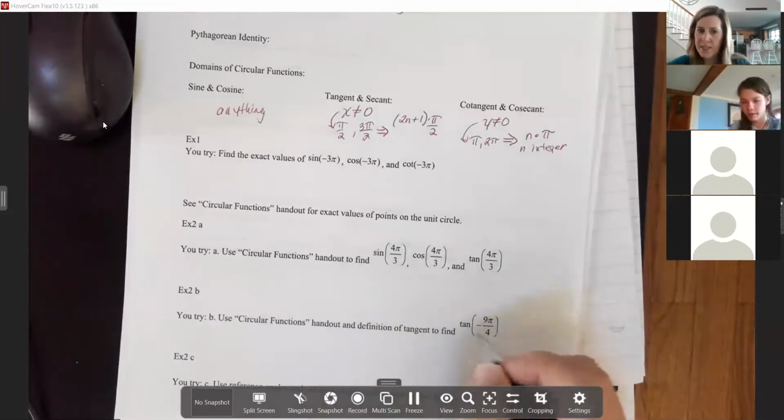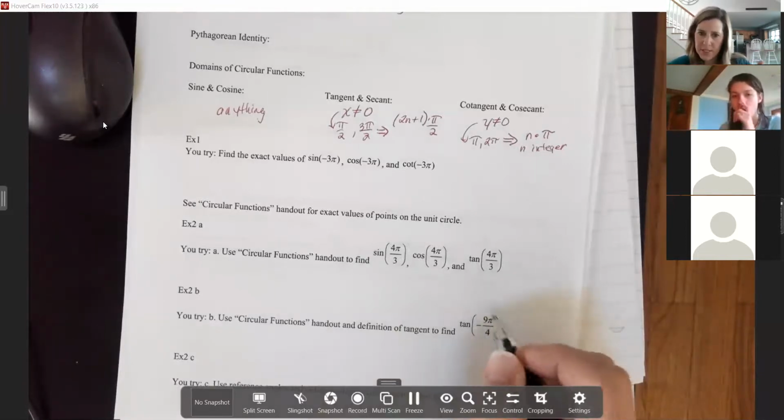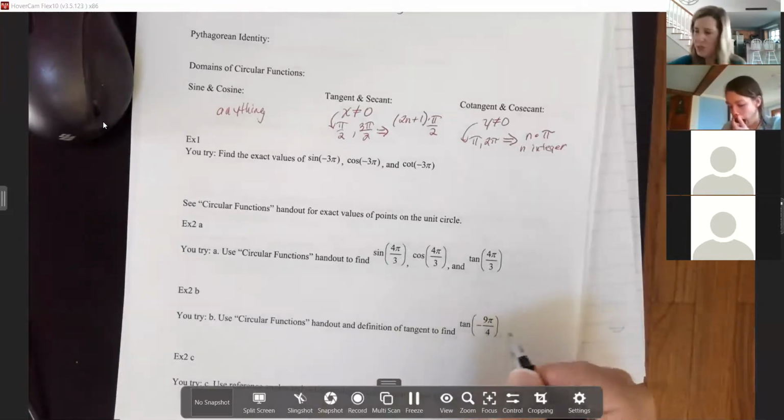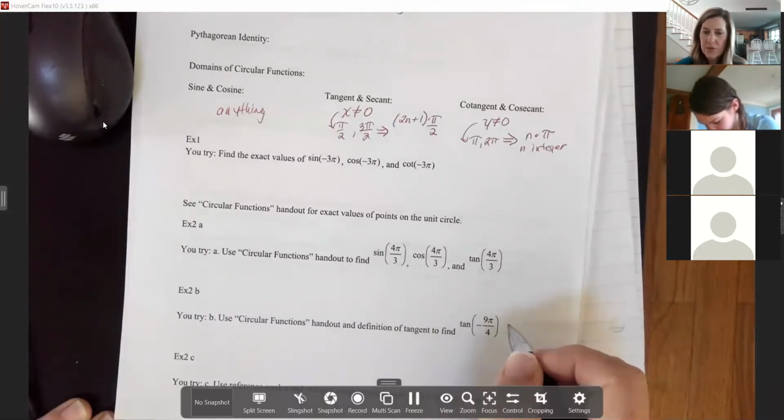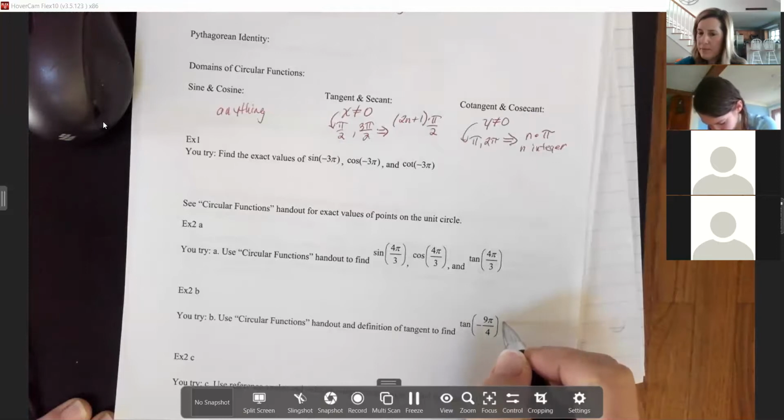So if we wanted this between 0 and 360, instead of adding 360, what could you add? Anyone? What's the same as 360 in radians? 2 pi.